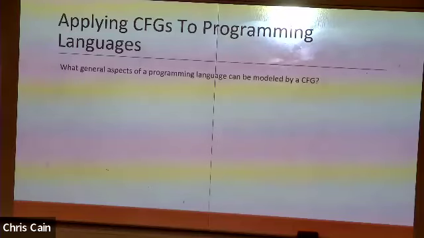Any guesses? The answer is all syntax. Whenever you have a syntax error or think about syntax, that is something that a grammar can tell you yes or no. This is a well-formed program in this particular language.